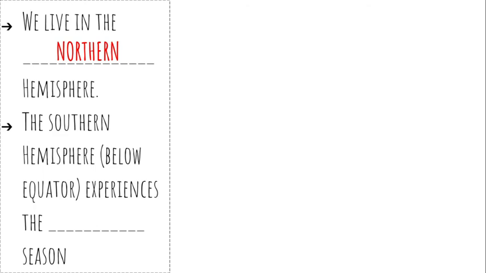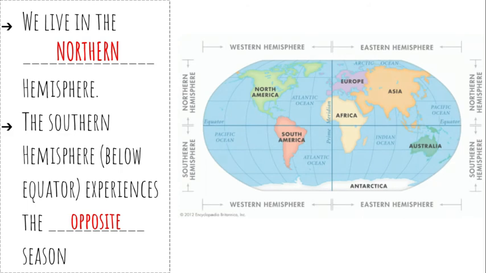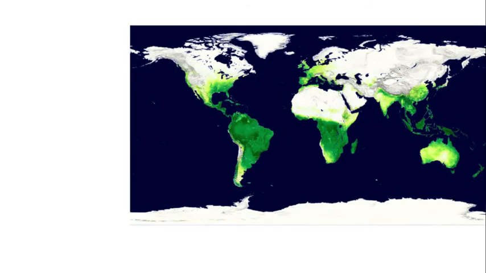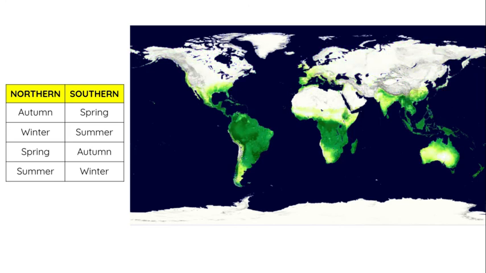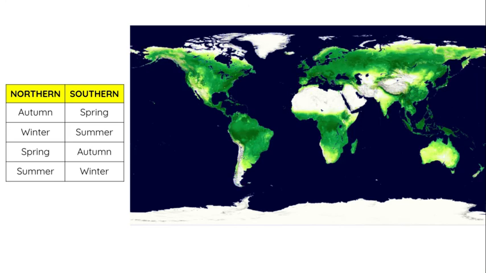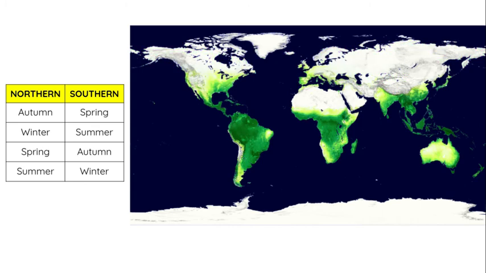Remember, we live in the northern hemisphere, and the southern hemisphere, which is below the equator, is going to experience the opposite season. So when the northern hemisphere experiences autumn, the southern hemisphere is going to experience spring.